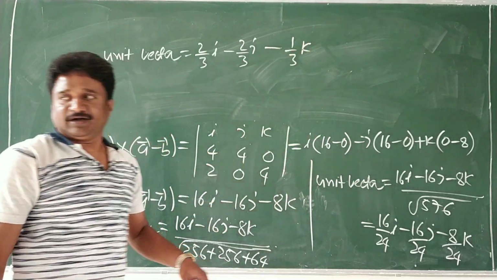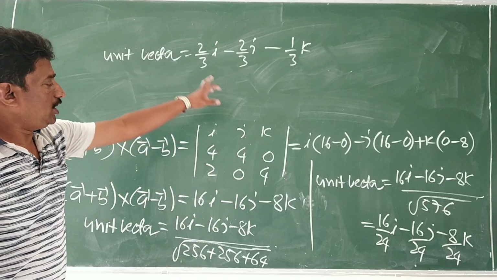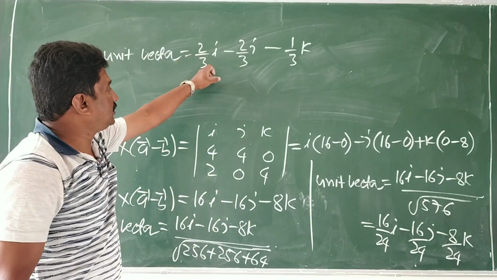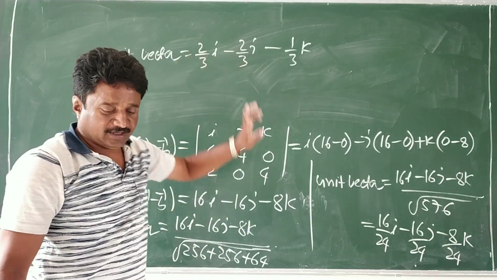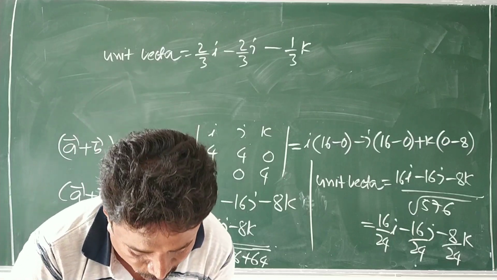We got the unit vector: 2 by 3 i minus 2 by 3 j minus 1 by 3 k. So I hope you understood this. Okay. Let's go for solving one more question.